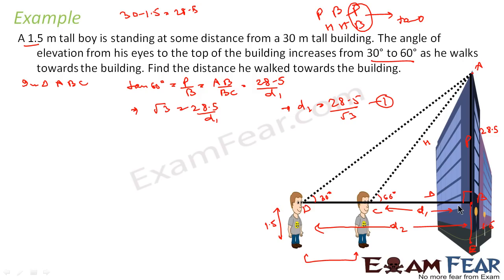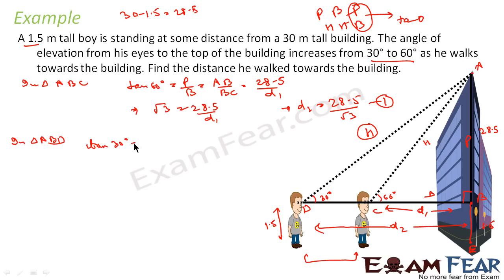So we have got D1. Now we have to find D2, so we will take triangle ABD. Again, since D is the frame of reference, the hypotenuse is AD, the perpendicular is the same, and the base is the bigger side, BD. Again we have to find the relation between perpendicular and base, so we'll use tan theta.